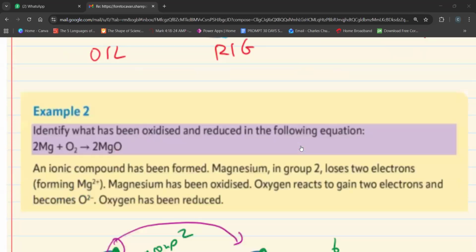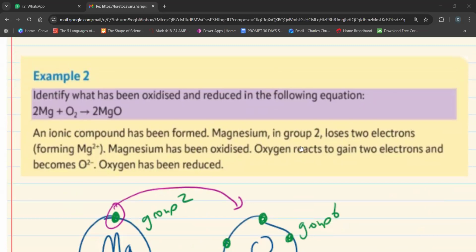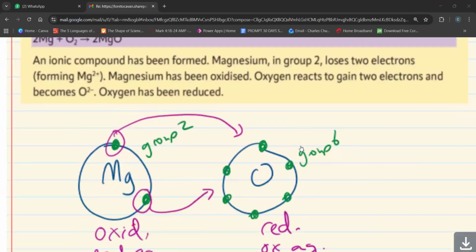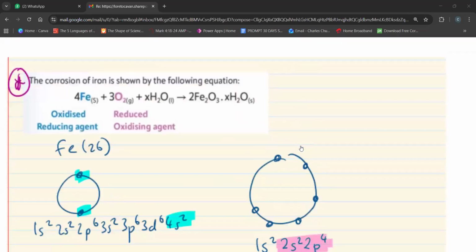Okay, I was just looking at this example. There are two examples here.